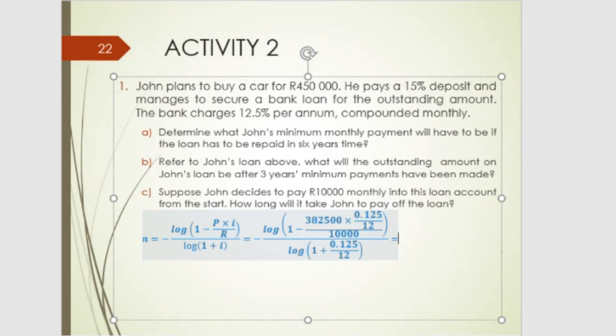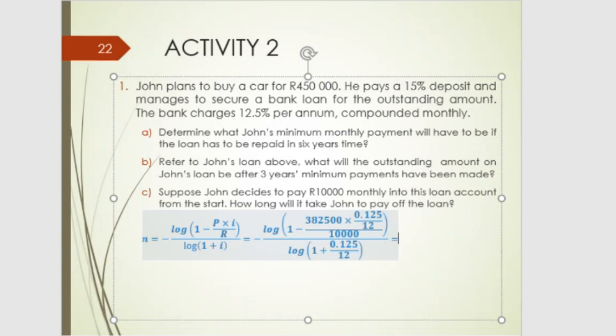Then there's a close bracket. I'm done with the top part. Then the below part, there's a log again. Then automatically it brings the open bracket, which is 1 plus the fraction 0.125 divided by 12, and then close brackets.